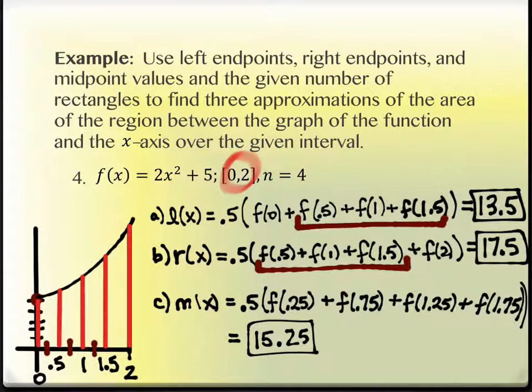Okay, so one real quick thing before we finish. This is 4 rectangles, and in part because it's easy to draw, right? But if I had 8 rectangles, I would be getting a better estimate, right? And if instead of 8 rectangles, I had 16 rectangles, the estimate's just going to get better.